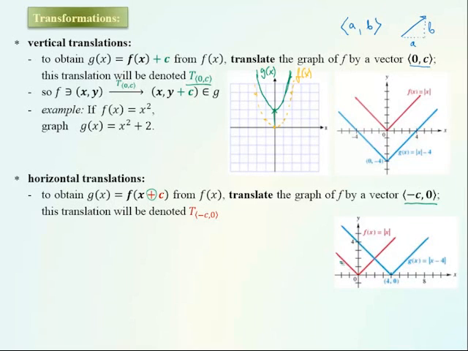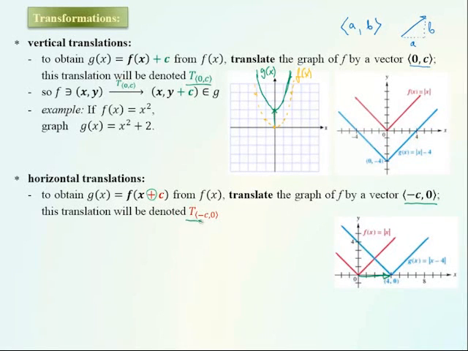This is shown here on the diagram by moving the original function absolute value of x. If we want to create the function absolute value of x minus 4, observe that x equals 4 will make this value 0. So the vertex is moved from 0 to 4. Even though we subtracted 4, the graph is actually moved to the right.